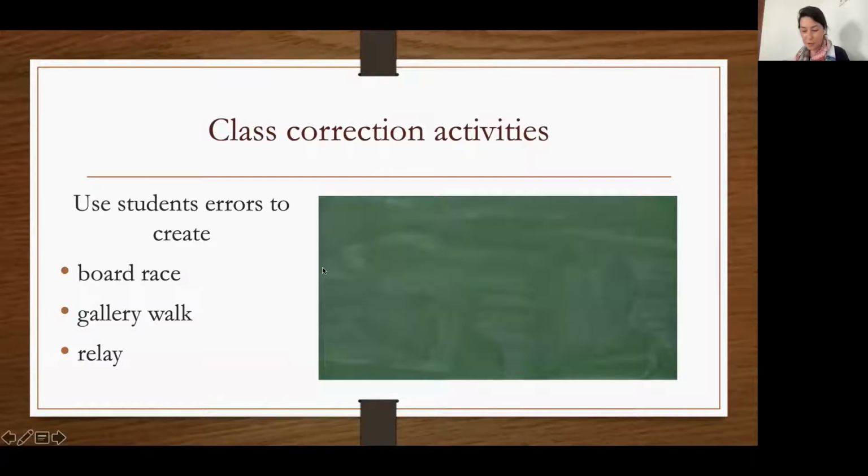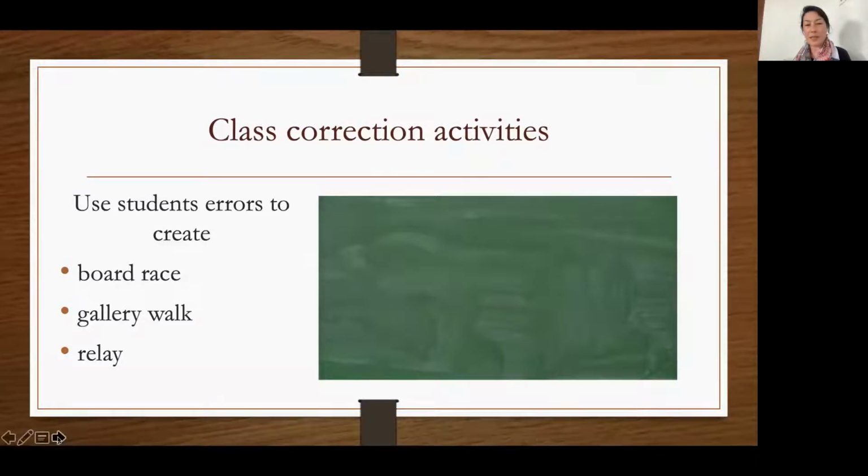All right, so other things we can do, and it sounds like these are some things that some of you do. We can use our student errors as content to create different kinds of activities. So again, not only is this good for error correction, but it's also a great way to engage our learners, right? If we just hand them back papers that show all their mistakes and say, fix your mistakes, it gets a little boring and repetitive.